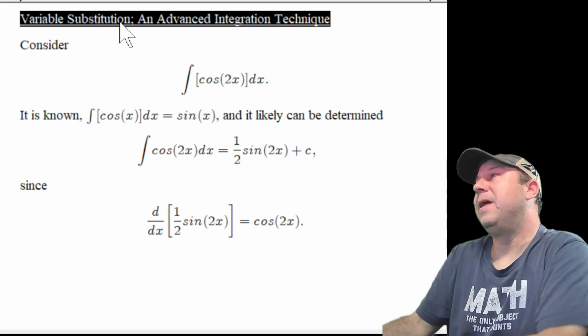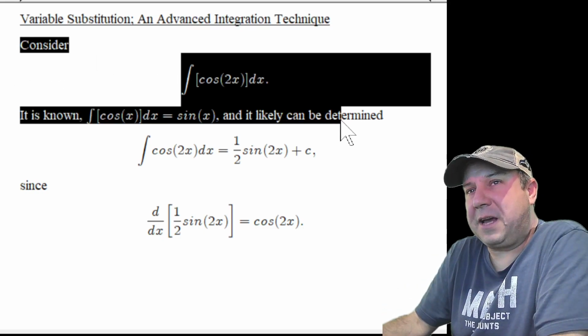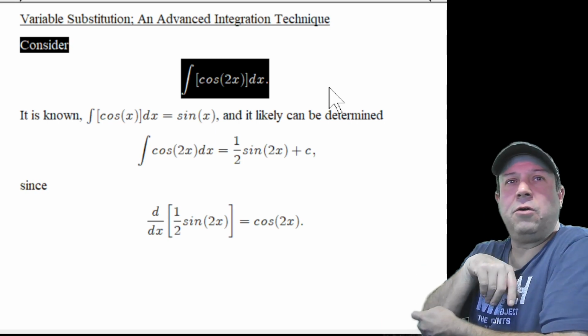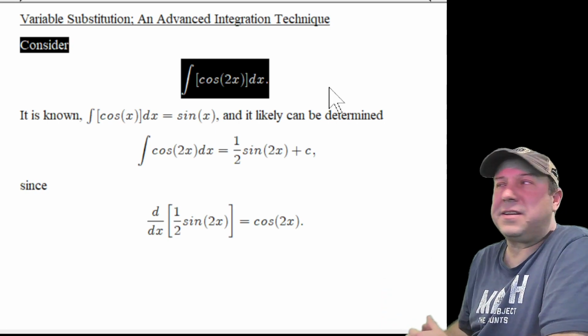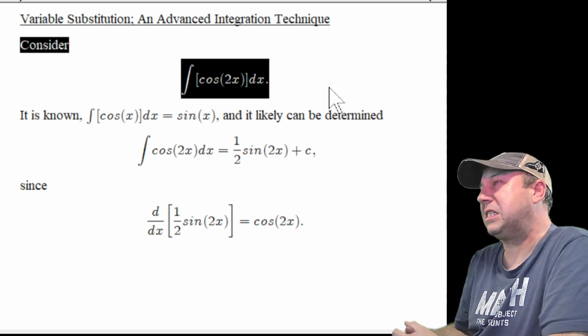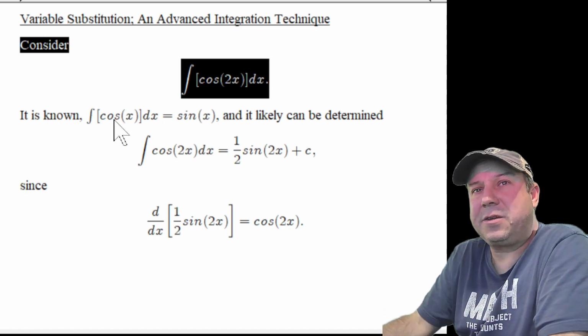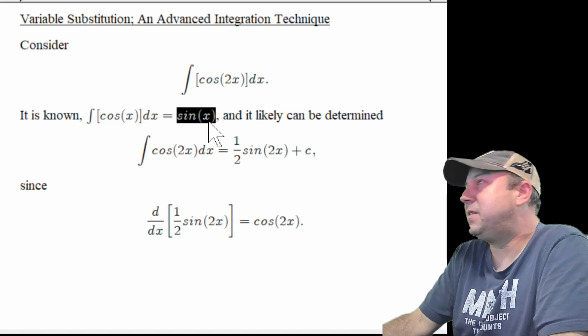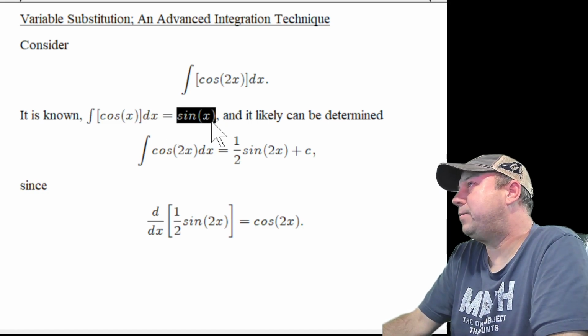I open with this example, and I think I may have shown you this in class already, or this has appeared in the notes, where we just consider the antiderivative for the cosine of 2x. We know from that list of rules that the antiderivative for the cosine of x is simply sine x.